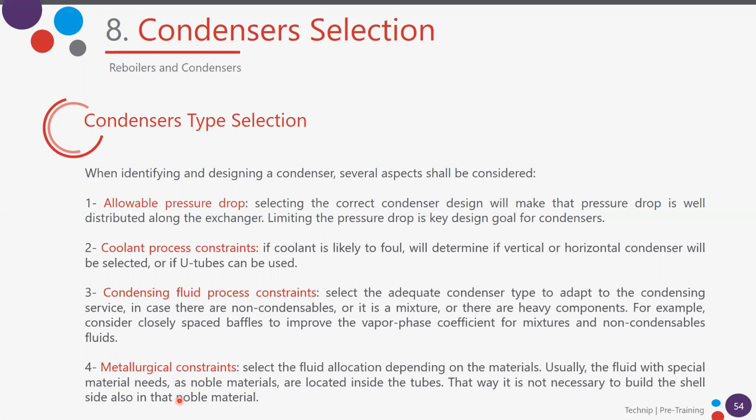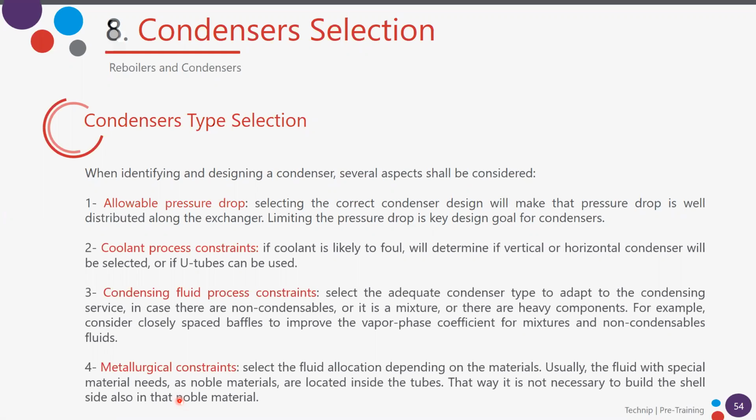And the last point, last but not least, we have to consider the metallurgical constraints. Select the fluid allocation depending on the materials. Usually, the fluid with special material needs, such as noble materials, is located inside the tubes.